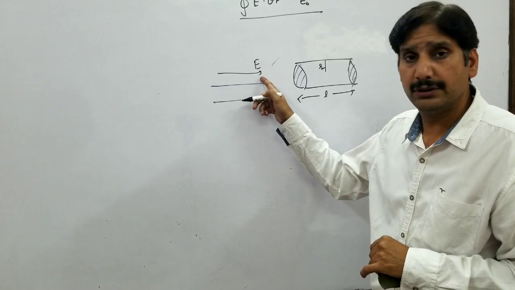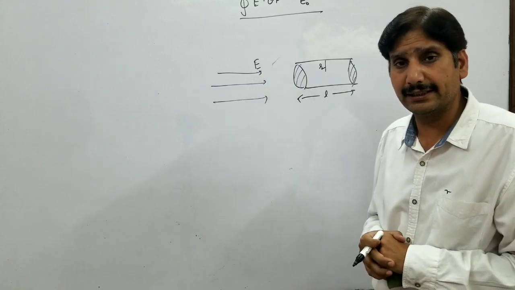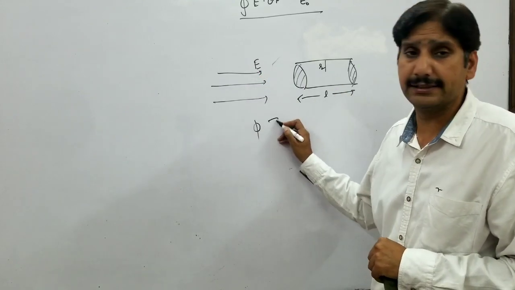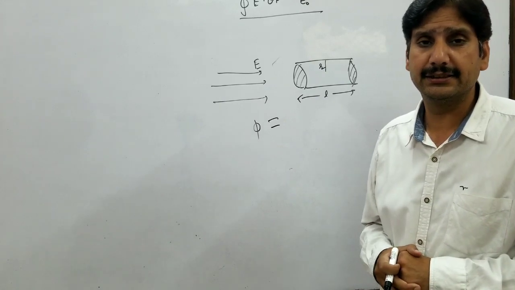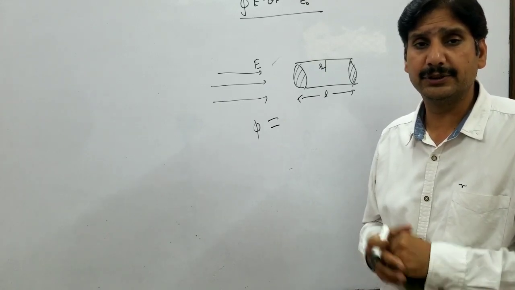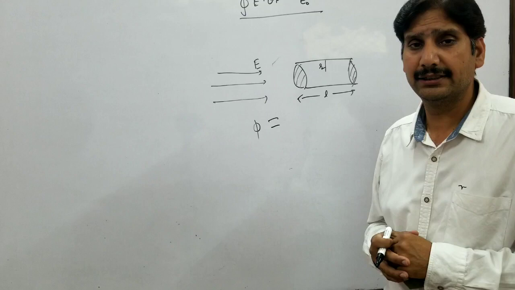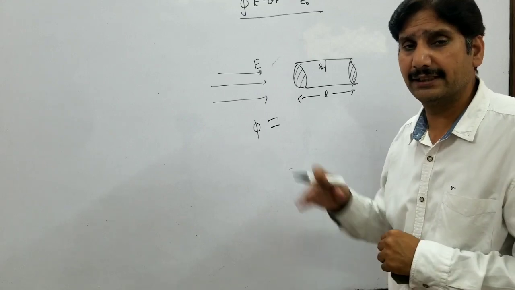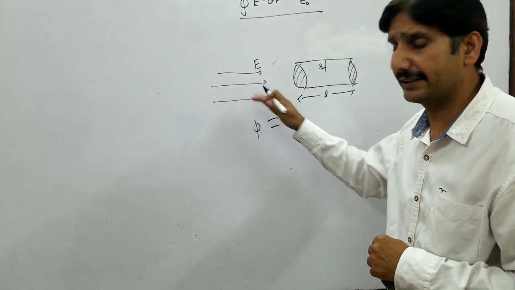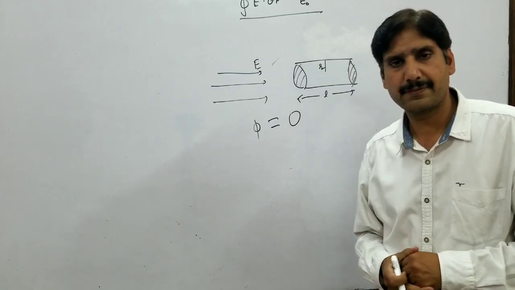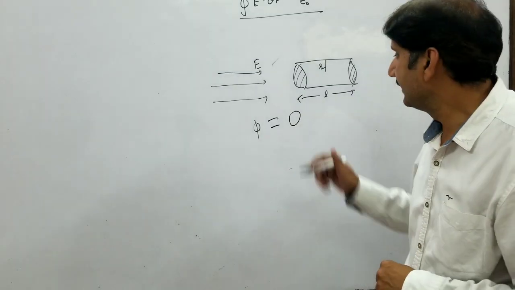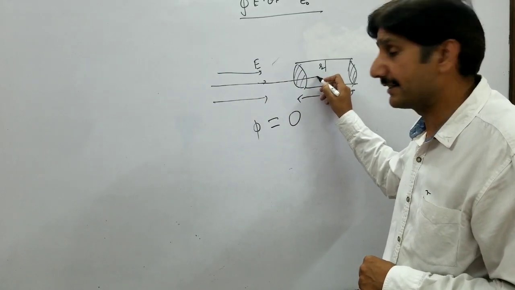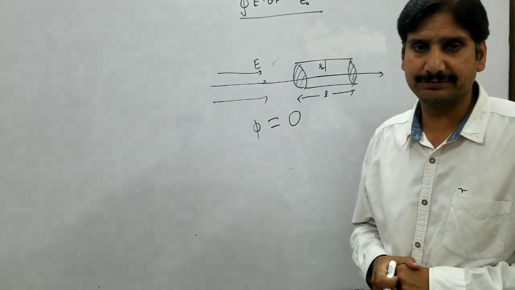Now how do you find the electric flux through this cylinder? The total electric flux in this case, you can guess it. The total electric flux through this cylinder due to this electric field is 0. It is because the number of lines which enter this surface also leave this surface.